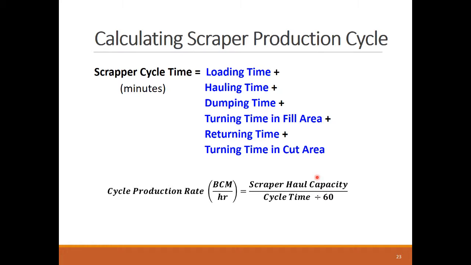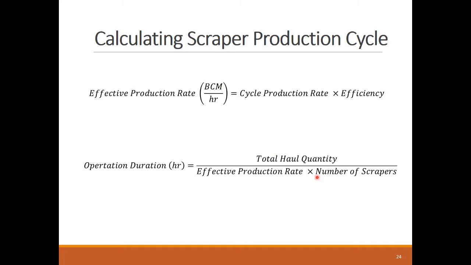As such, the scraper ideal production will equal its cycle production, that's calculated by dividing the scraper haul capacity over the cycle time. Then the effective production rate is calculated by multiplying the ideal production rate by the expected efficiency.